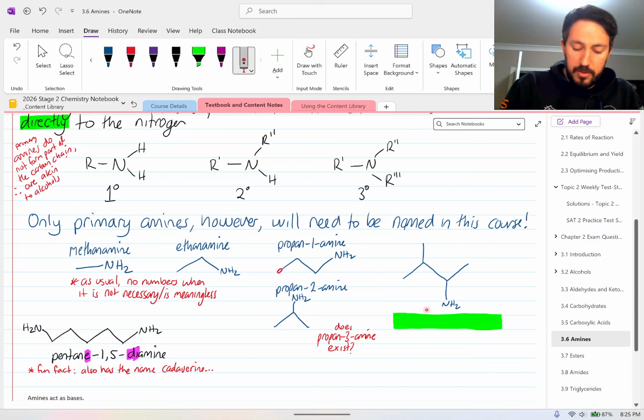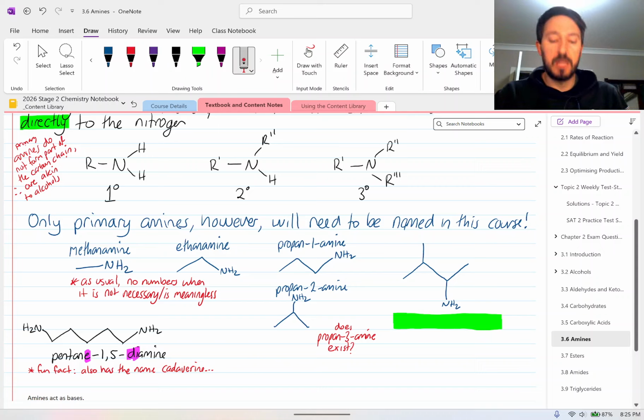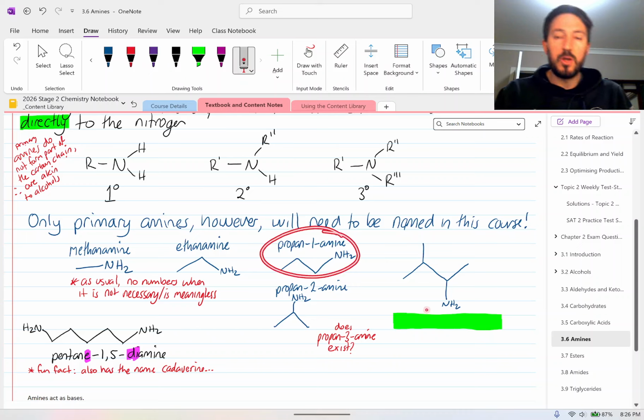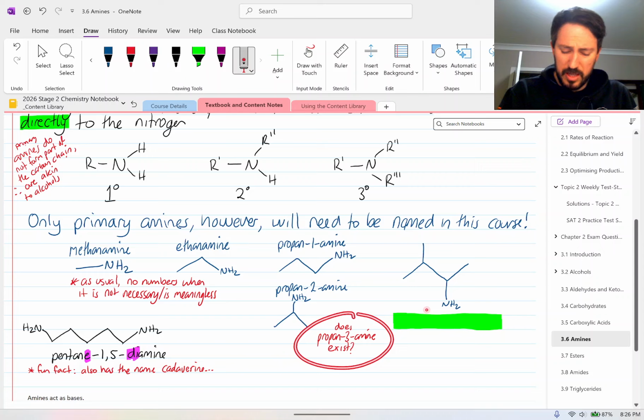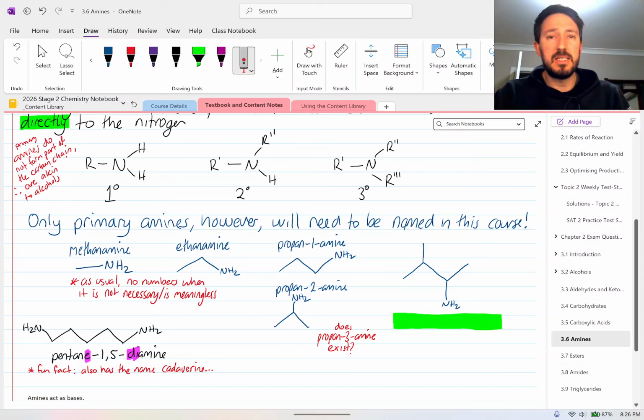Now, we will get a number once we get up to a carbon chain which is 3 carbons long, because you could have it attached to an end carbon, which gives us propan-1-amine, as you can see drawn here. You could also put that amine on the middle carbon, in which case it would be propan-2-amine. Now, I have a quick question here. Does propan-3-amine exist?